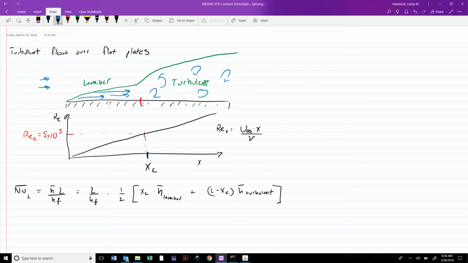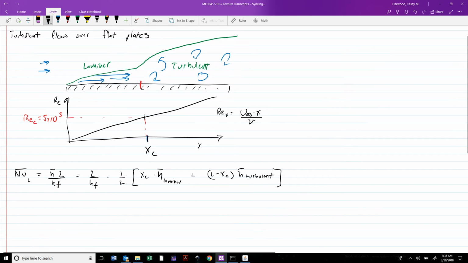What this is doing is saying that where the flow is laminar, over a length of 0 to x sub c, we use the laminar h bar, add that to the distance from there to the end of the plate times the turbulent h bar, and divide by L, so we get this weighted average built into the average Nusselt number.